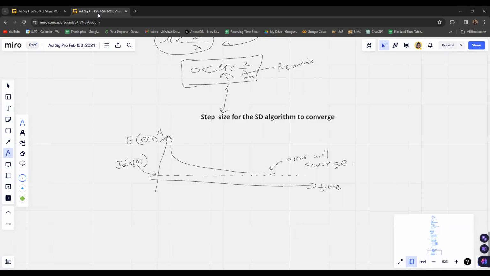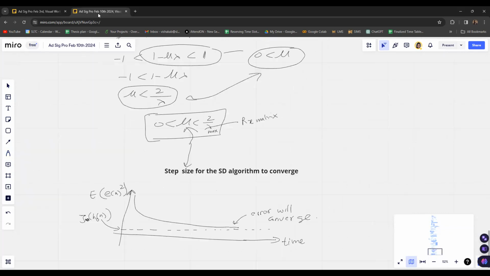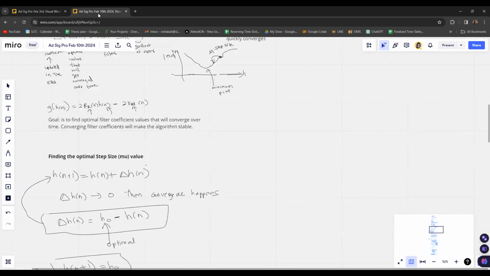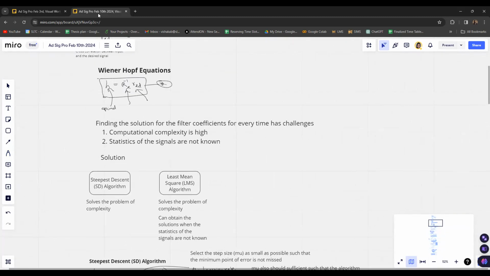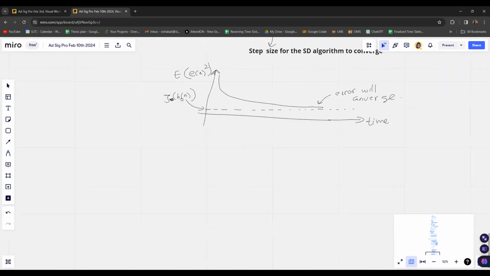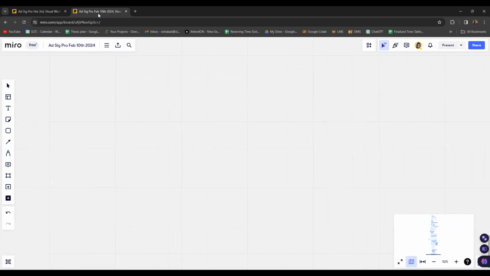As I mentioned, there's another algorithm that can do the same thing, which is the least mean squares algorithm. So this was about the steepest descent algorithm. The next one is the least mean squares algorithm, or LMS algorithm. It is an algorithm that can solve two problems in here, so therefore it is important. Its functions are also similar to the steepest descent algorithm.